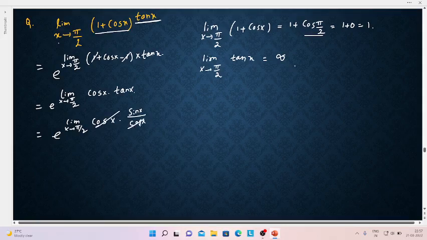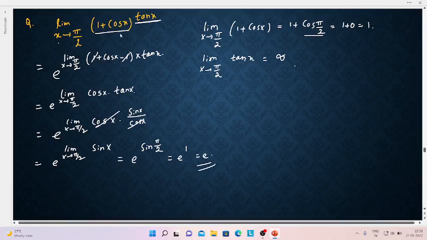The cos x cancels out, so we have only sin x. When we put x equals pi by 2, it gives e to the power sin pi by 2. Sin pi by 2 is 1, so it is only e. So the value of this limit is e.